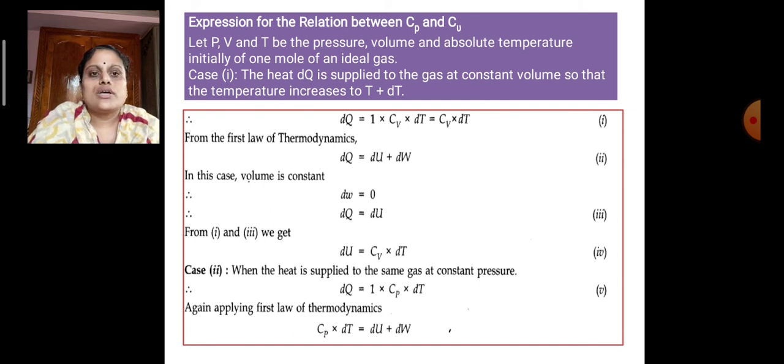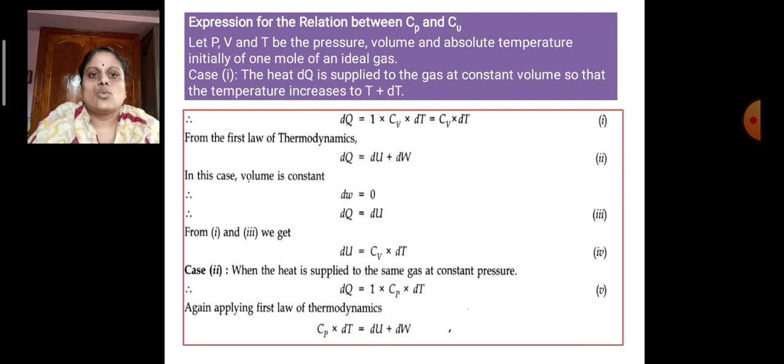From the first law of thermodynamics, dQ is equal to dU plus dW. In this case, we have kept the volume constant. Hence, delta W or dW is equal to 0. So dQ is equal to dU. From equations 1 and 2, we get dU is equal to Cv into dT.